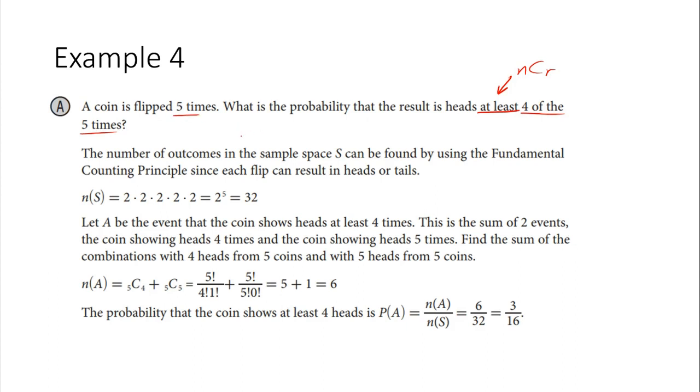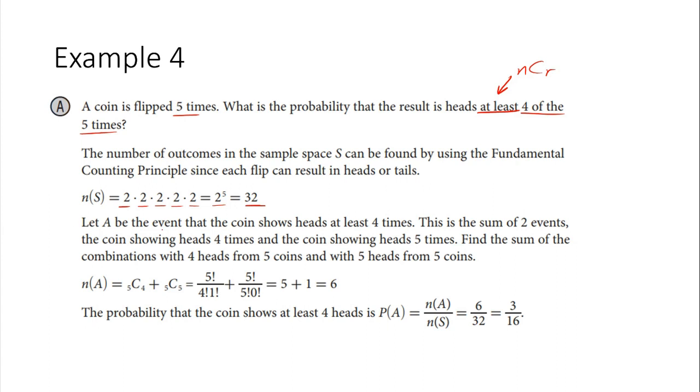Hopefully, you can remember the hint from my do now or your turn: for our sample set, we're flipping 5 times, and there are 2 outcomes each flip. That's really just 2 to the 5th power. So there's a sample space of 32. There are 32 different outcomes that can really happen.